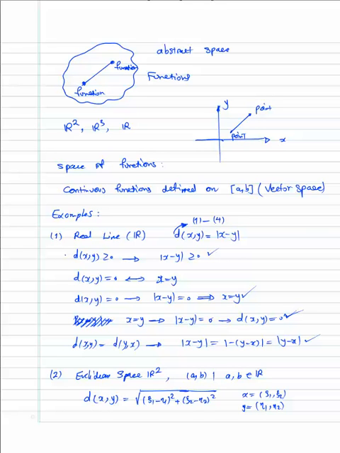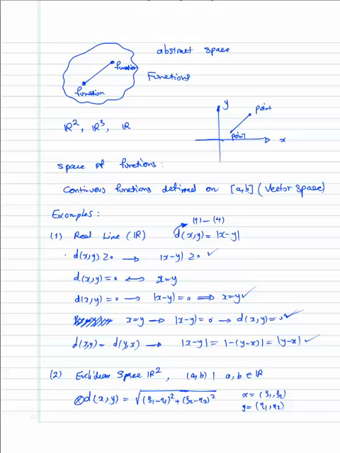Okay, great. You can use the same argument that I did for the real line for the Euclidean space, and you will see it's pretty easy to prove that this space with this function on it defines a metric space.